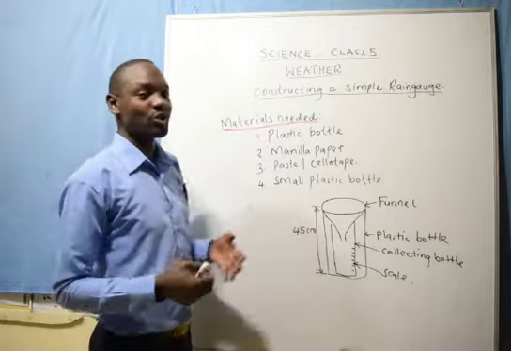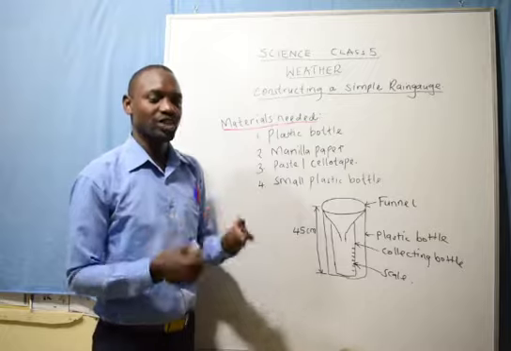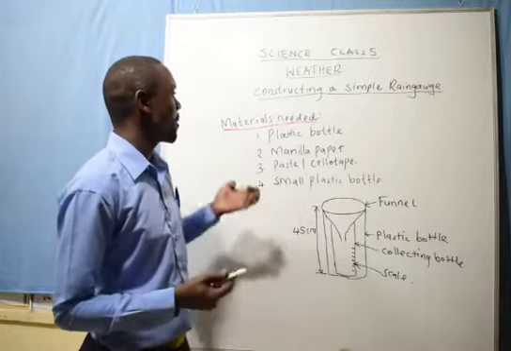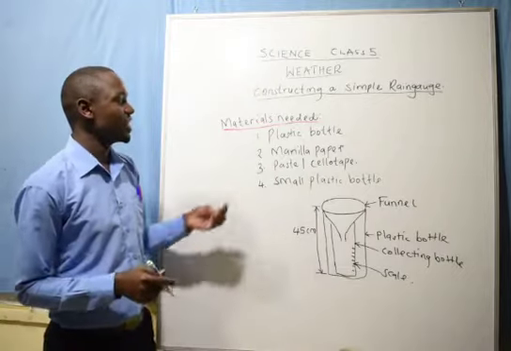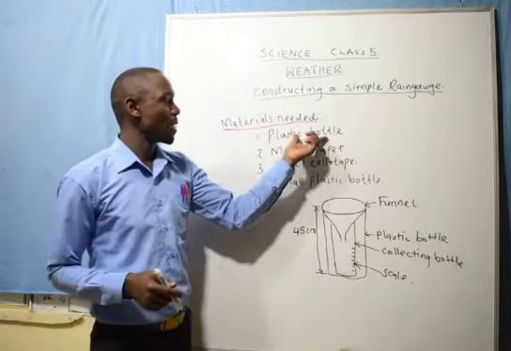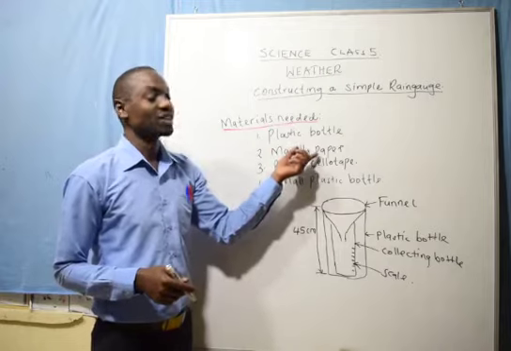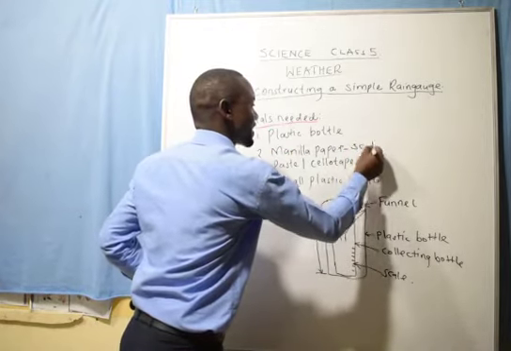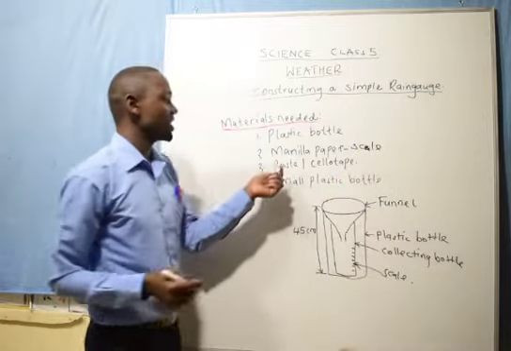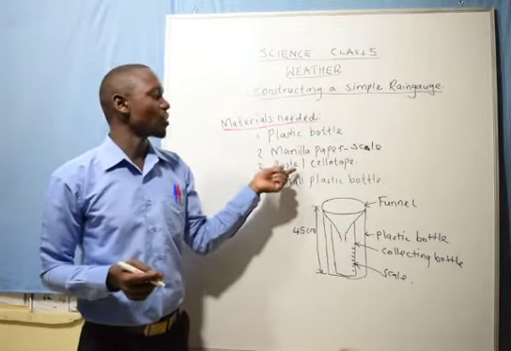We can construct a simple rain gauge using locally available materials. That's why we say the materials needed when constructing a rain gauge. You need a plastic bottle. You need manila paper. What is the purpose of the manila paper? The purpose of the manila paper is to make the scale. You also need paste, that's glue or sellotape.